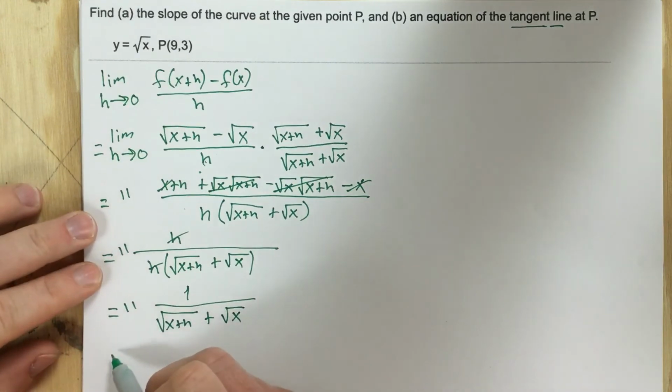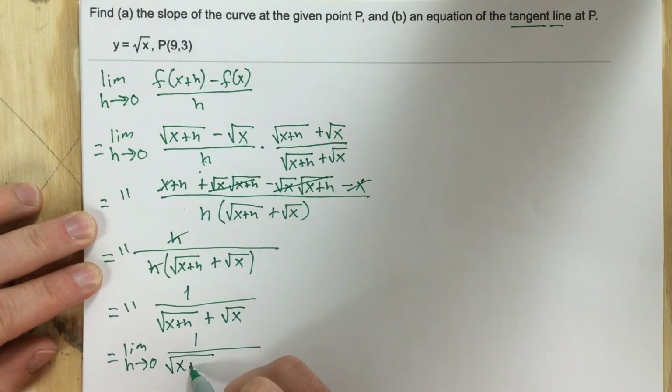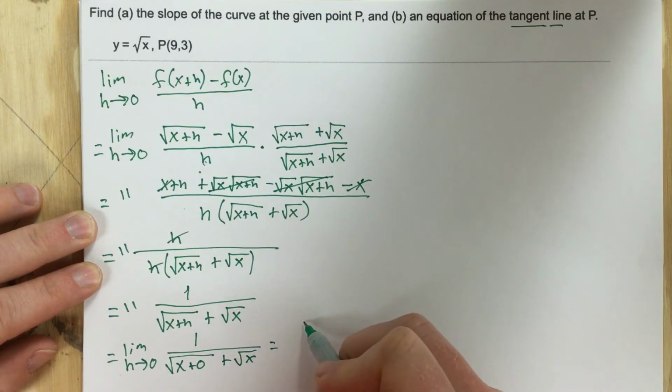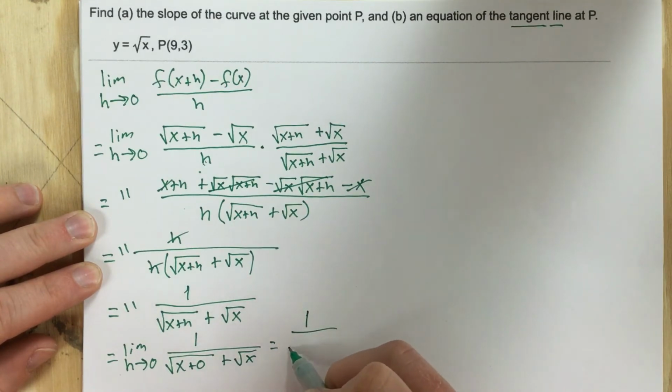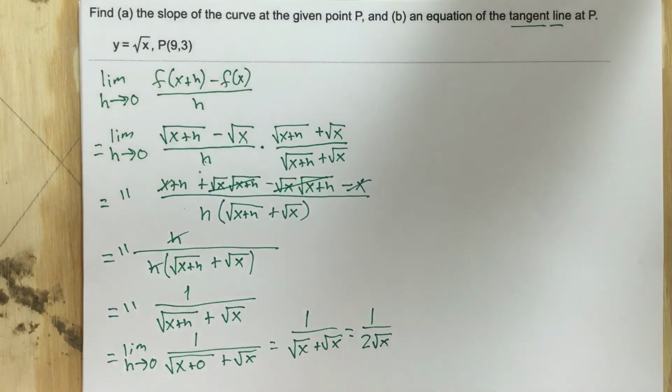So we're going to take now the limit as h approaches 0 for this function, and we end up with 1 over root x plus 0 plus root x, which will end up being 1 over root x plus root x, which is equal to 1 over 2 root x.